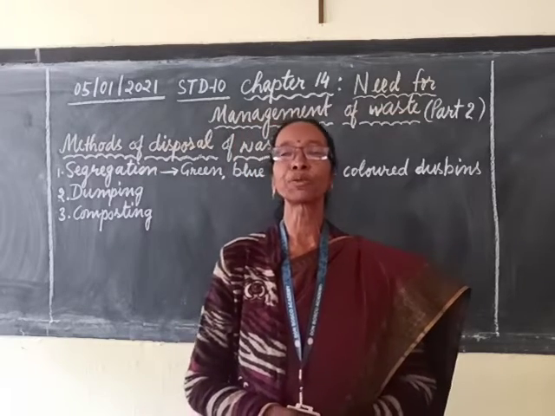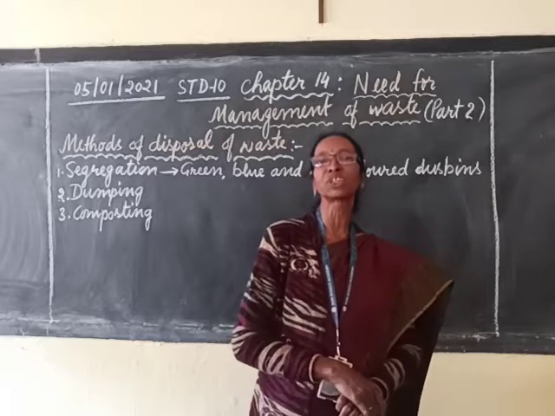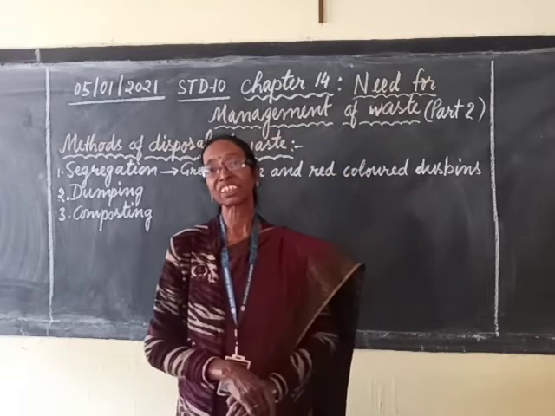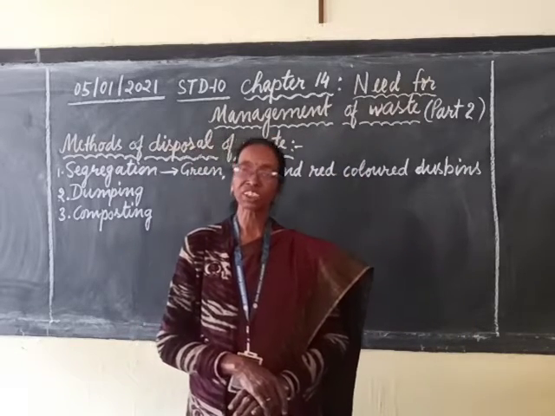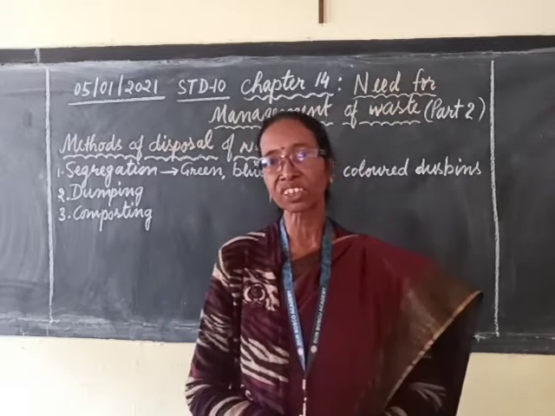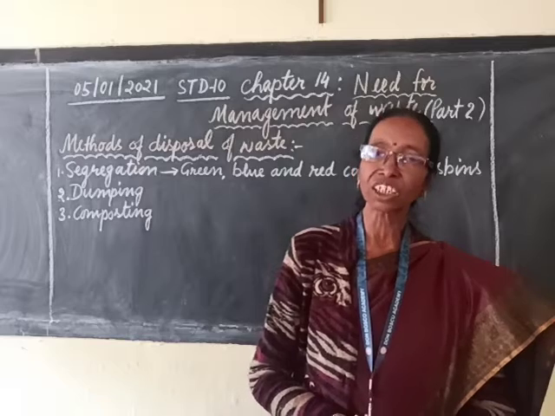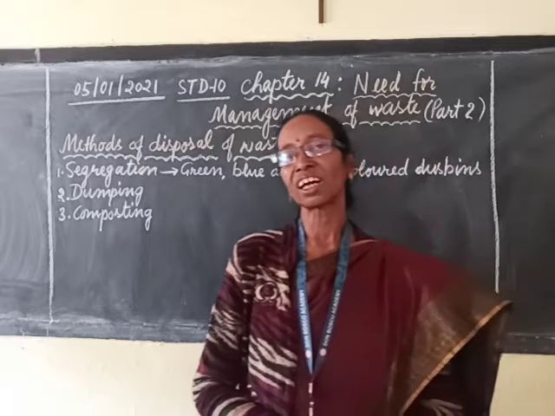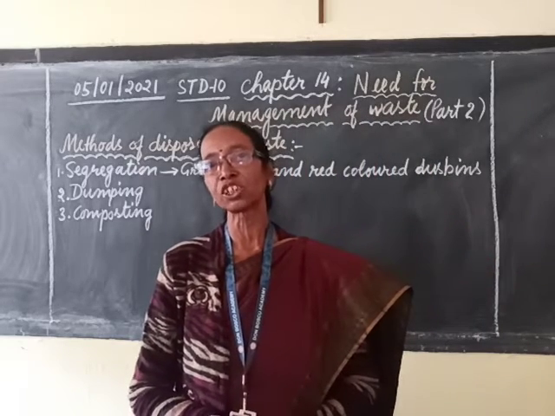Farmers can utilize it to grow crops or vegetables in their gardens. This type of composting is very important because that reduces pollution in the atmosphere, and also reduces the solid waste, which is decomposed easily and changed into manure.